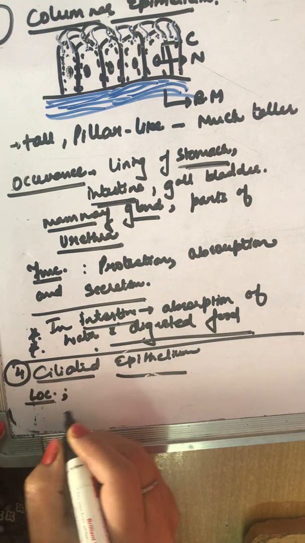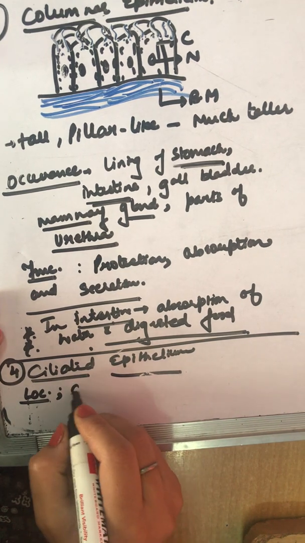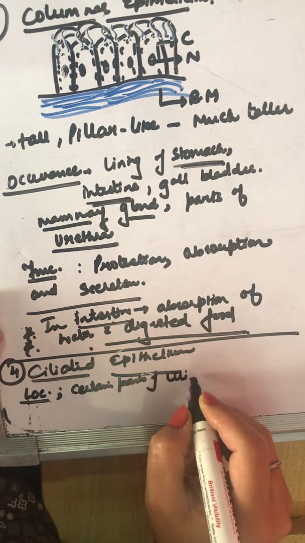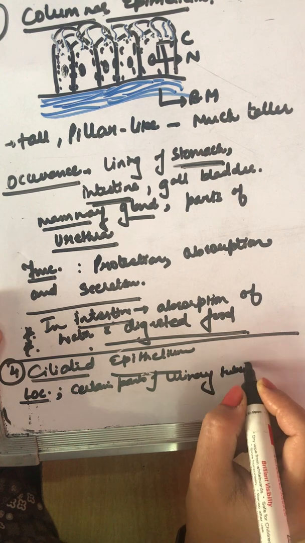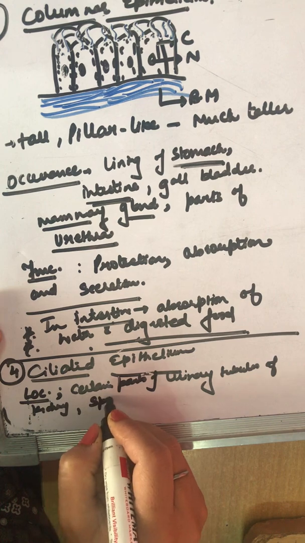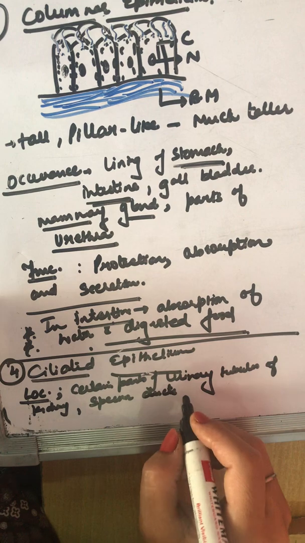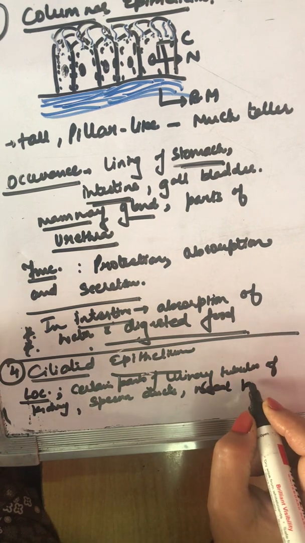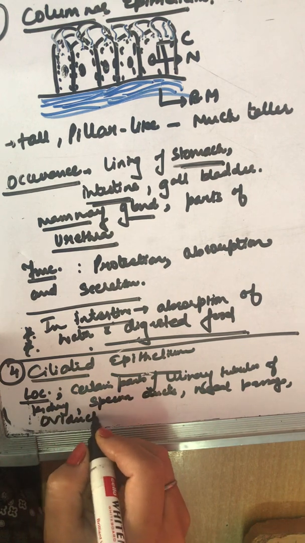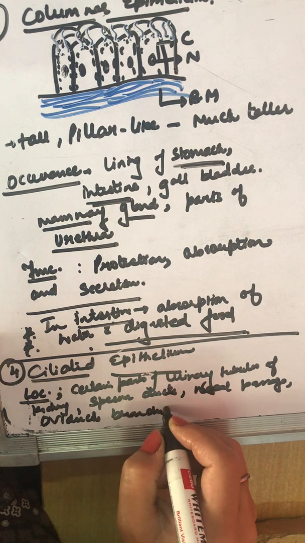That means the occurrence location is certain parts of urinary tubules of kidney, sperm ducts, and nasal passage. Then we say oviduct. Then we can say bronchioles also.